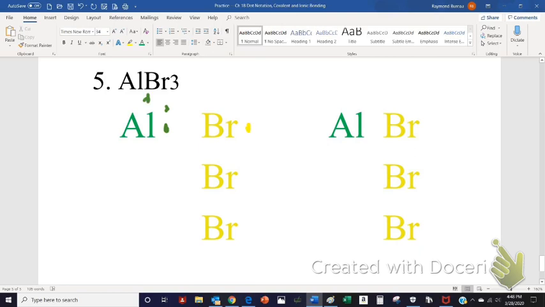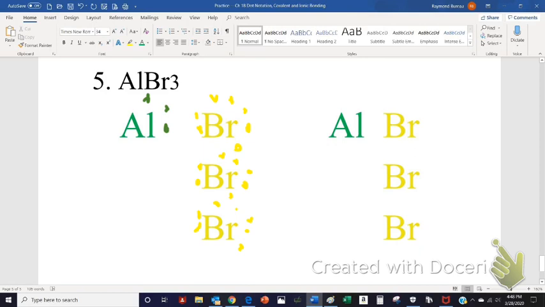Bromine is a halogen, 1, 2, 3, 4, 5, 6, 7, and the same for each of the three bromines. Hey, in chapter 19, I'm going to show you a much faster, easier way to do this, but sorry, you got to do it the long way right now.